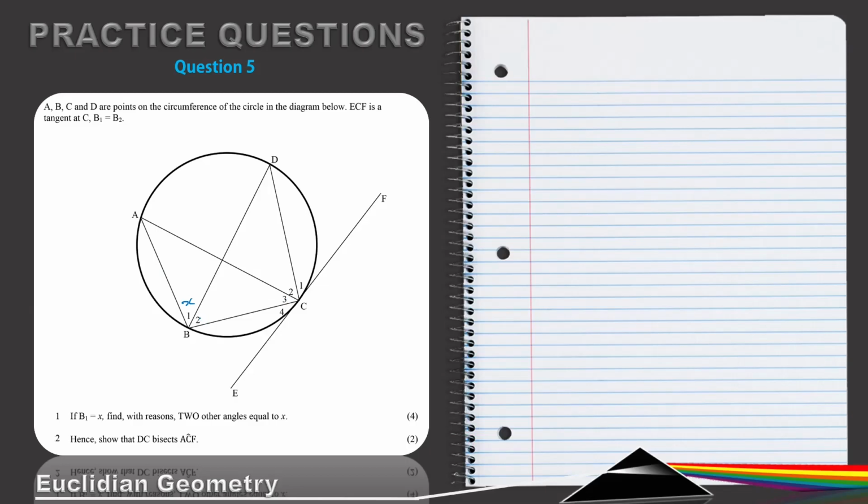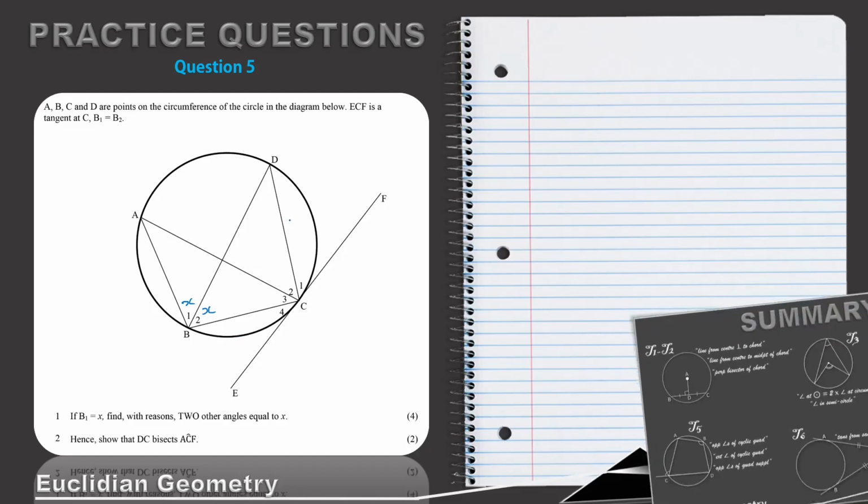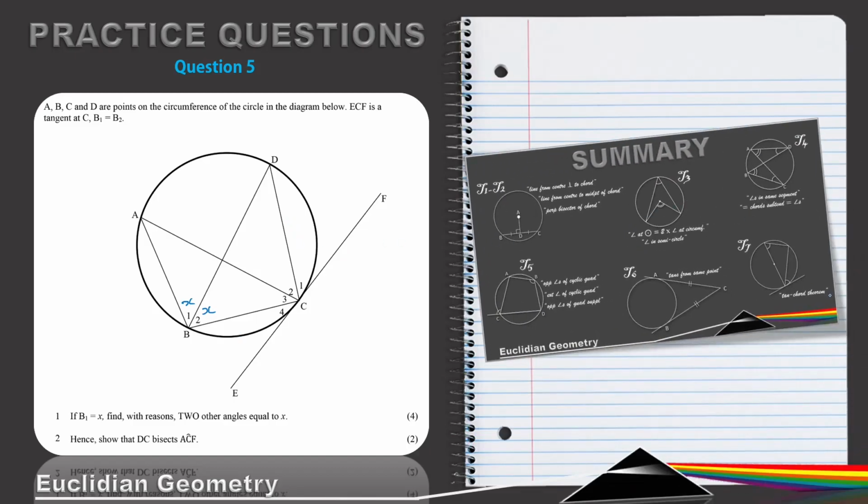First of all, B1 is equal to B2, so that means that B2 is also equal to X. Then, whenever you see a tangent, when you look at the summaries, first thing, think about the tangent theorem. So let's see if that applies. We've got this triangle over here, and this angle between the tangent and the chord is equal to the angle that is subtended by that chord.